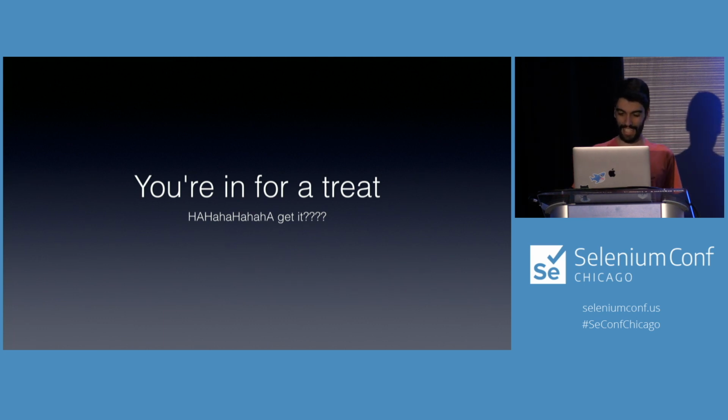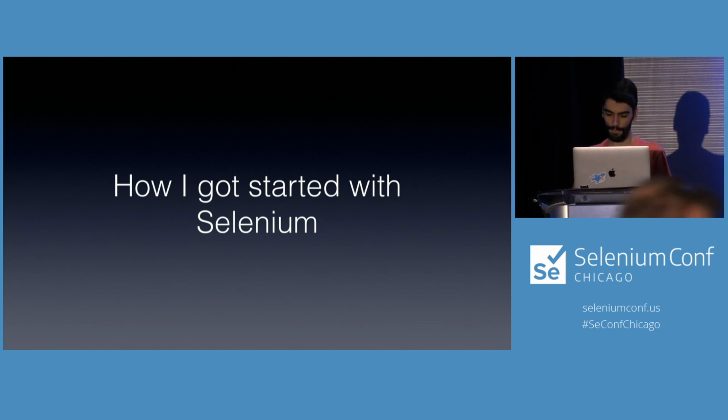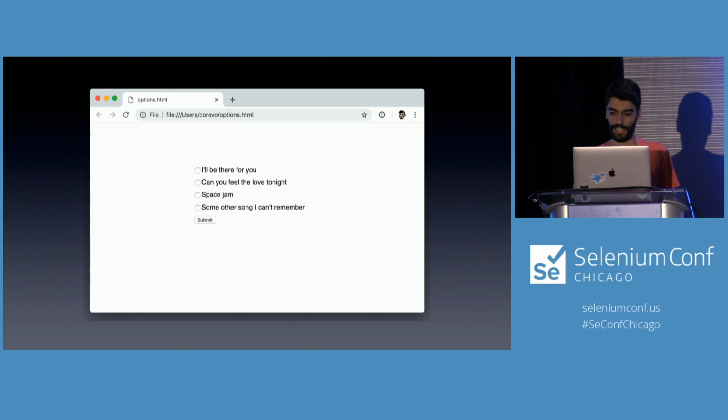Anyway, I want to tell you a story about how I started using Selenium for the first time. We had this thing at school. Now, those aren't the real images. It was like in high school 7 years ago, so I had to make it up last night.